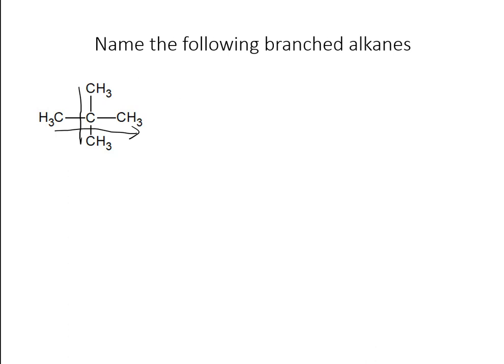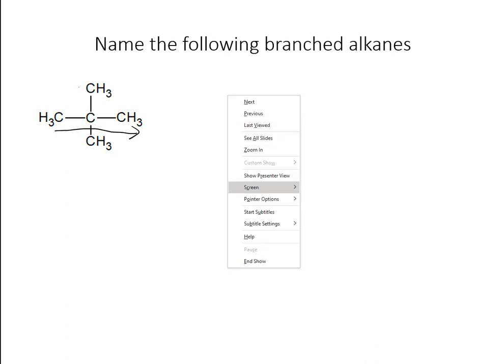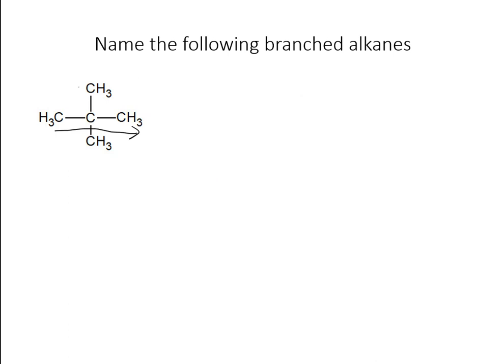The name will just be the same. Now we are going to use the chain that we have there. This is carbon number 1, carbon number 2, carbon number 3. Because it has 3 carbons, this molecule is a propane. The longest chain has 3 carbons.